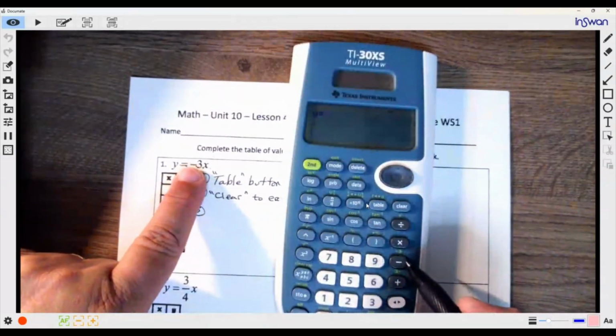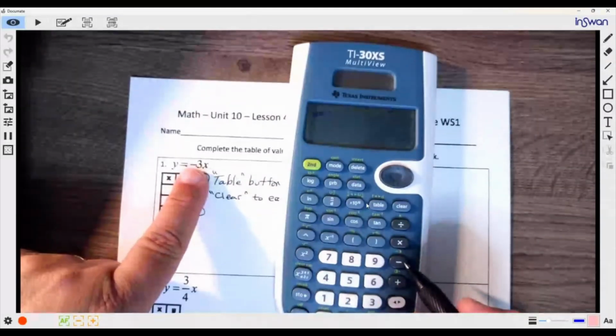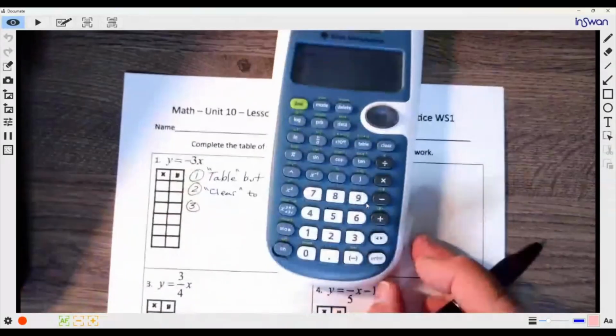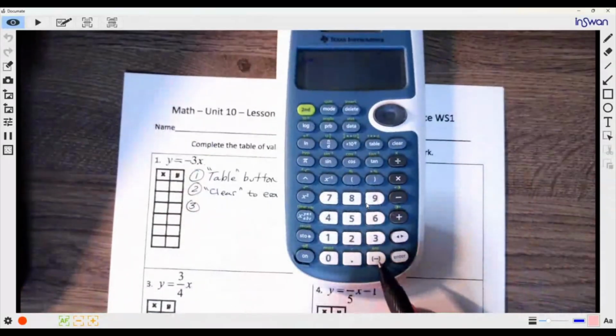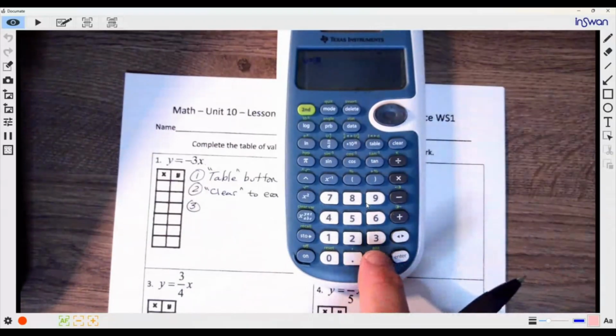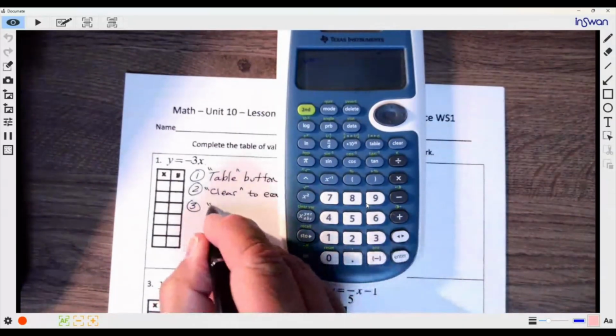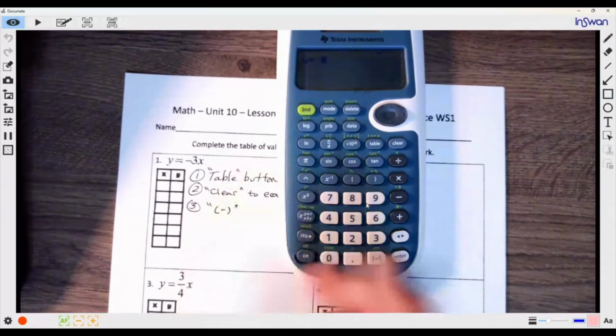If you use this button right here, you're going to get a bad response. On this calculator, the negative is done with this button right here. That indicates we're negative whatever. So I'm going to hit that button. So I'm hitting the negative button.